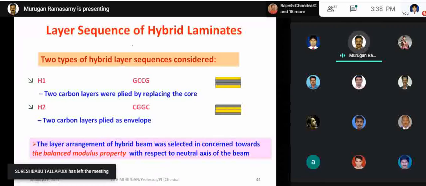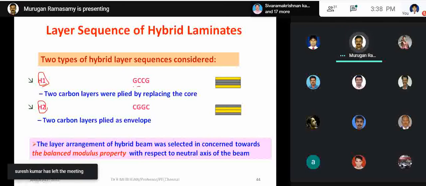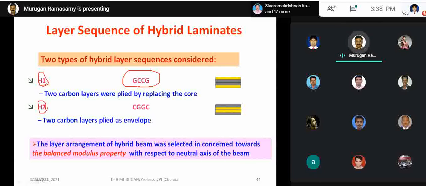For that we considered two types of hybrid beam. One is called hybrid 1, another one is called hybrid 2. In hybrid 1, the layers are arranged like this: glass fiber layers are kept outside, and the carbon layers are inside. So glass fiber outside and two carbon layers inner.